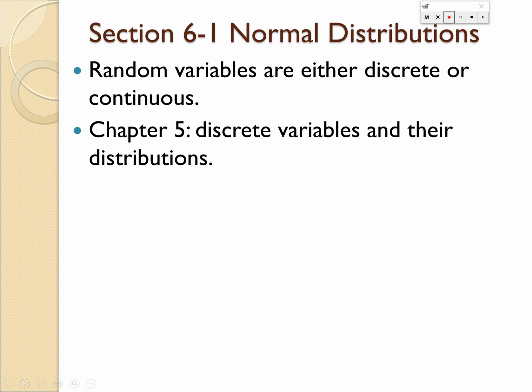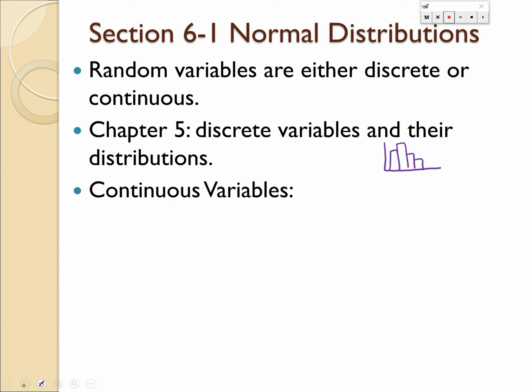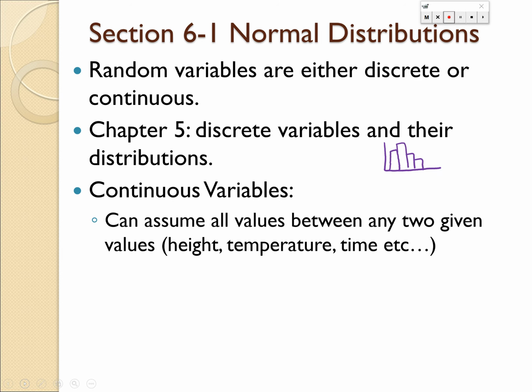So when we had those distributions, we did graph them a little bit, and they looked basically like a little histogram. They were easy for us to plot, all the outcomes we could count. Now we're going to start digging into our continuous variables. Remember, continuous variables can assume values between two given values. You're thinking, wait, Miss Guy, whoa, what does that mean again?